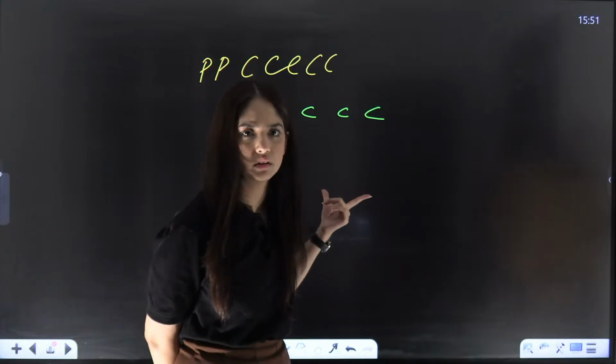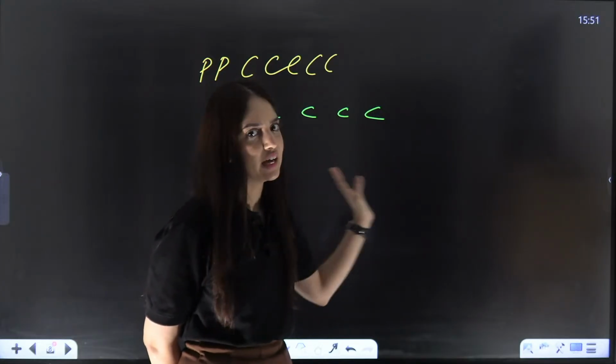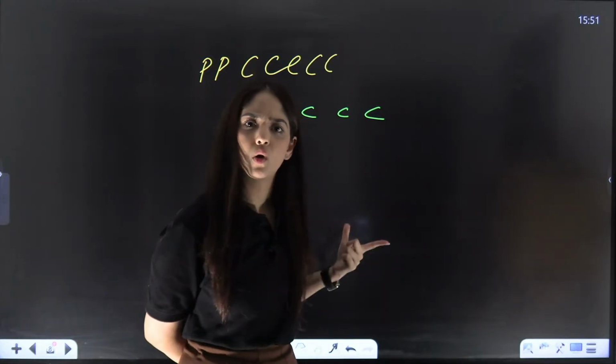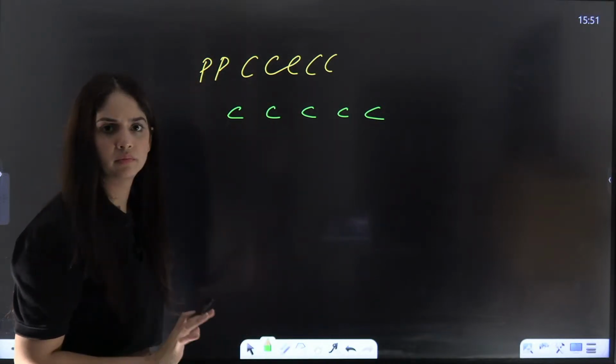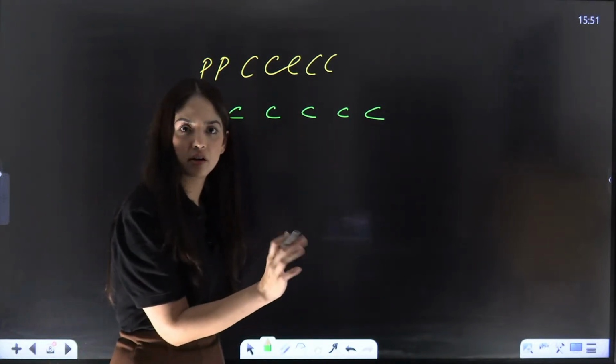This is a unique thing because they are all identical. We can just arrange them in one order. Now we have to place 2 P's. Now it can be anywhere.